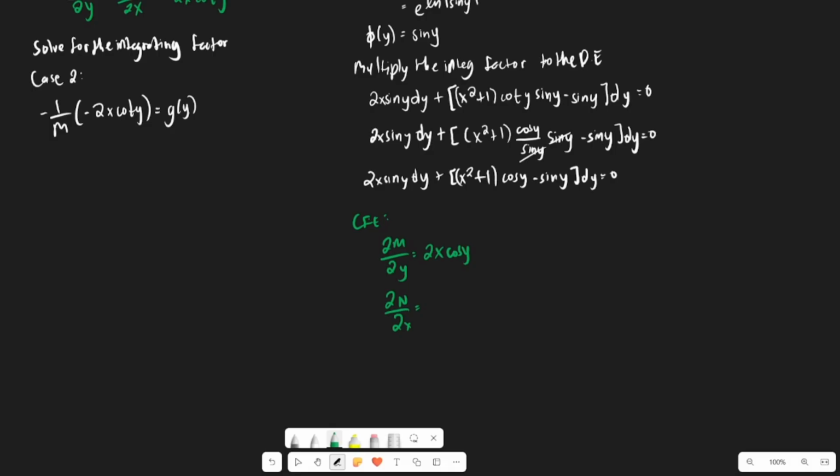And the same goes for this part. We get the partial derivative of n with respect to x. So first off, we factor out the cosine y, since we consider that to be a constant. Then we get the derivative of x squared plus 1, which is 2x. So this becomes 2x cosine y. Now when we compare these two, they are equal. Therefore, the DE is now exact.